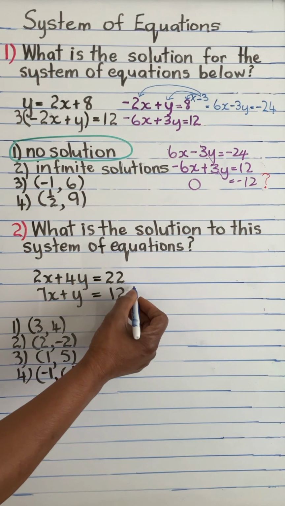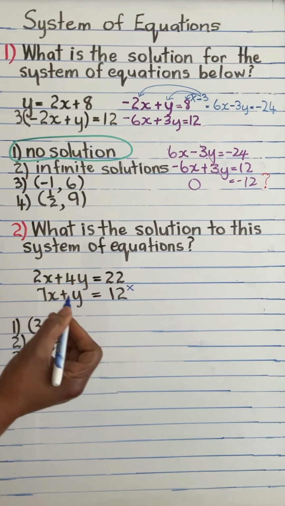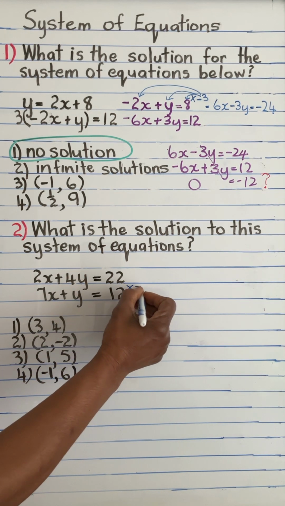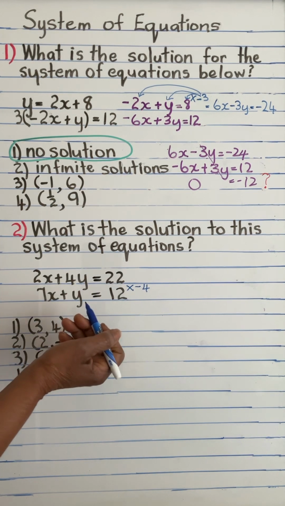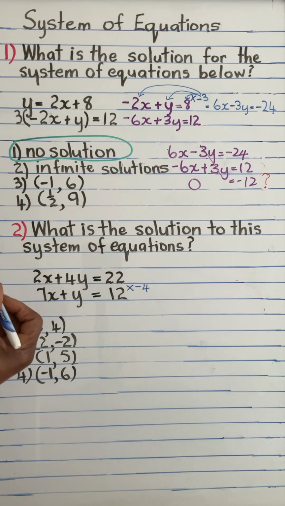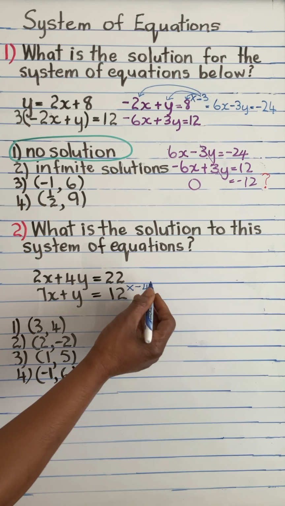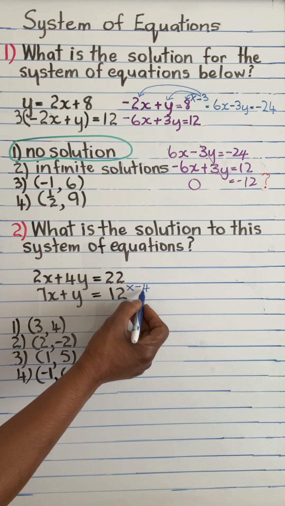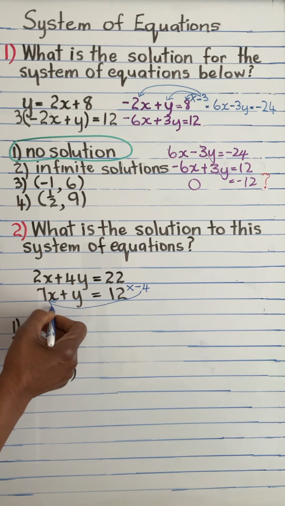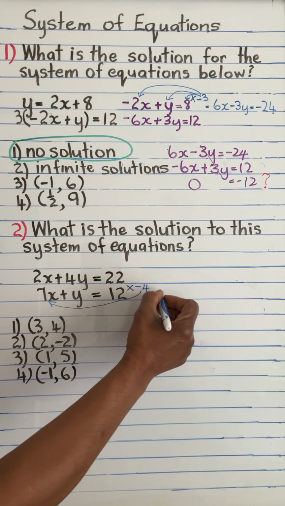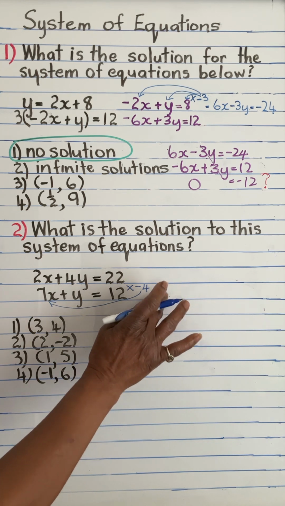We're going to multiply by negative 4. When we multiply by negative 4, 7x becomes negative 28x, since 4 sevens are 28.